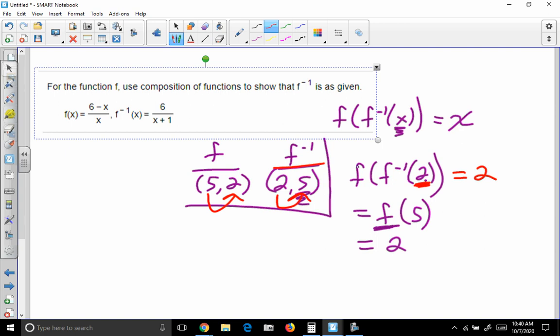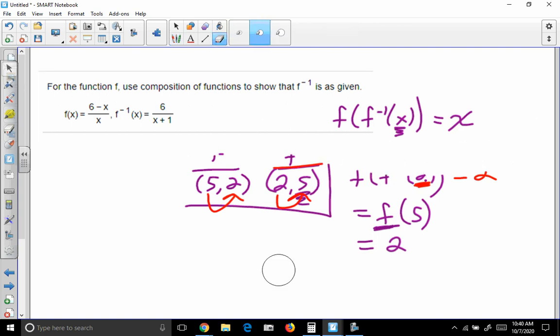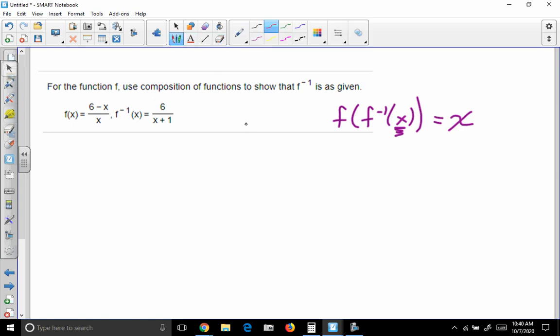If these functions really are inverses, this function changes that to something, this changes it back. So we can take two functions and we can show whether or not they're inverses by simply taking one function, plugging it into the other.